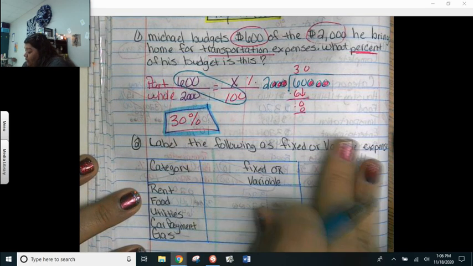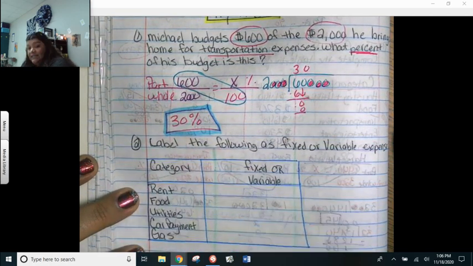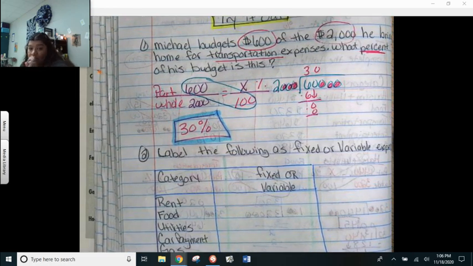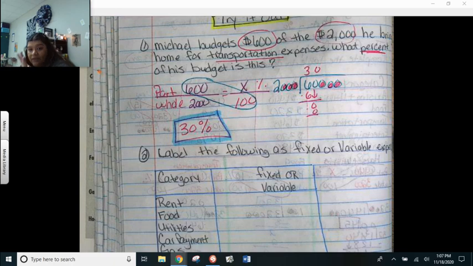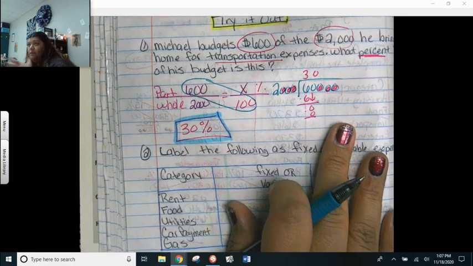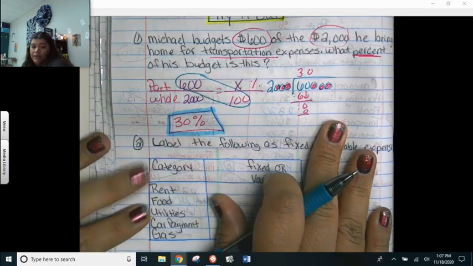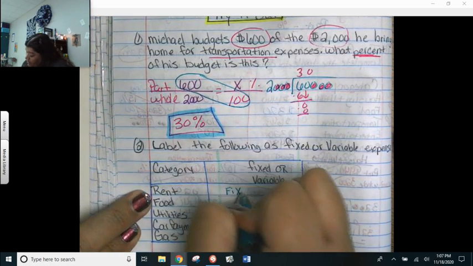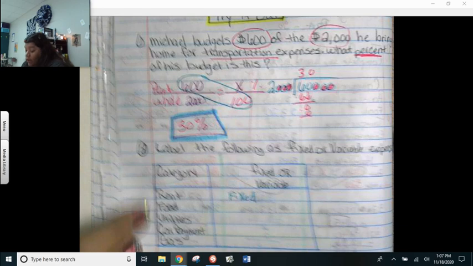Now here you just had to label, is it a fixed expense or variable? So remember, fixed means it does not change month to month. Variable, it fluctuates month to month depending on how much you use it. So rent is a fixed expense.